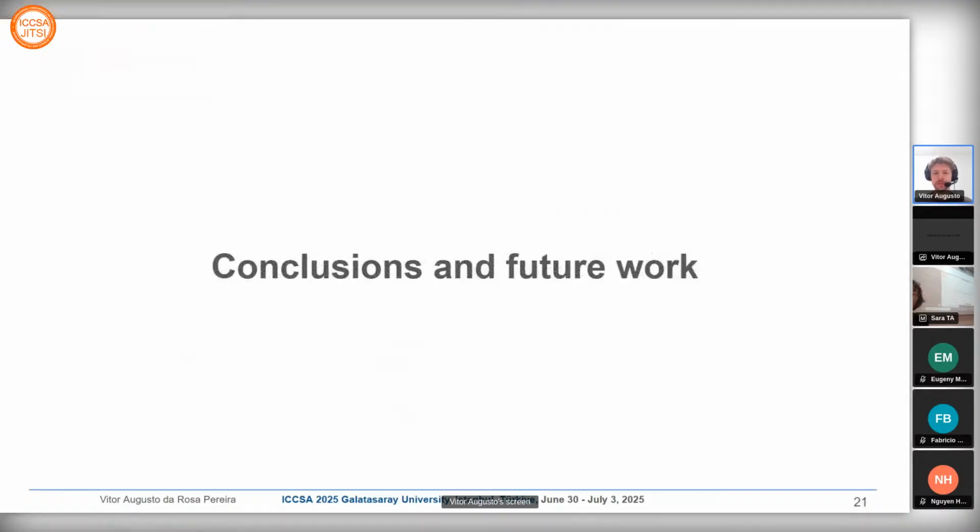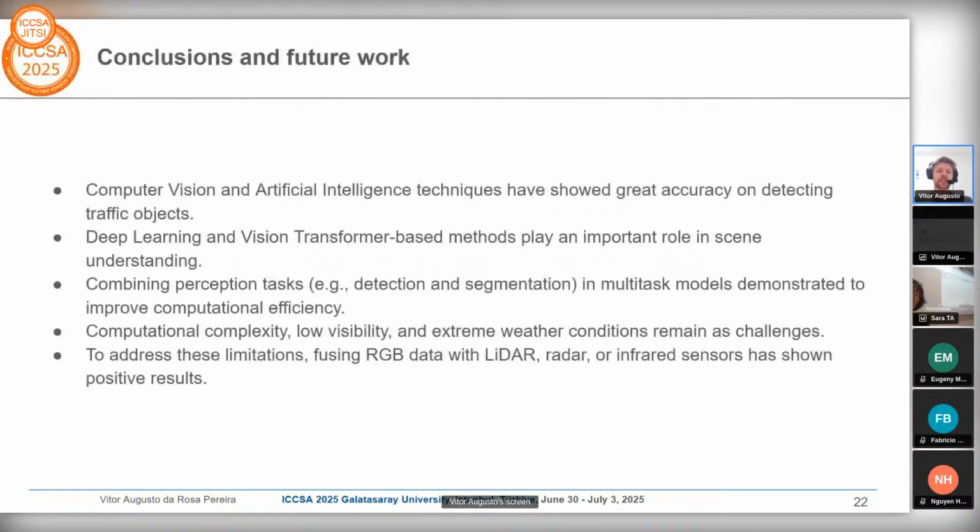So now about the conclusions and future work. Computer vision and AI techniques have shown great accuracy in detecting traffic objects such as vehicles, pedestrians, and navigation zone, and this is very important to the vehicle's safe navigation. And deep learning and vision transformer based methods play an important role in scene understanding.